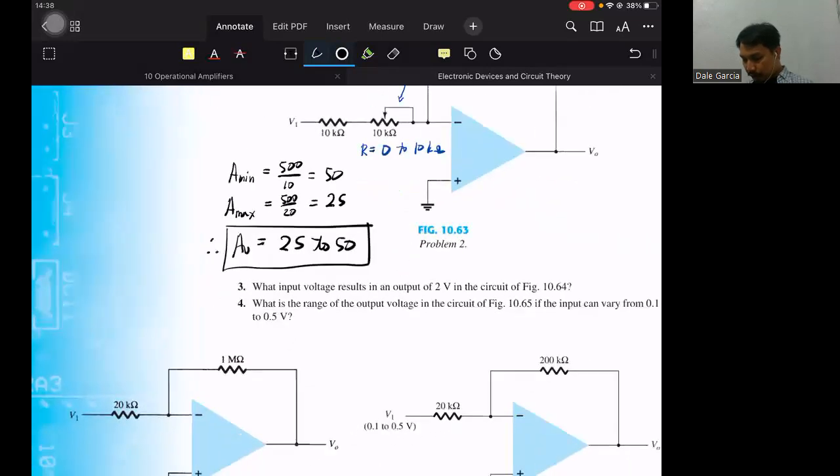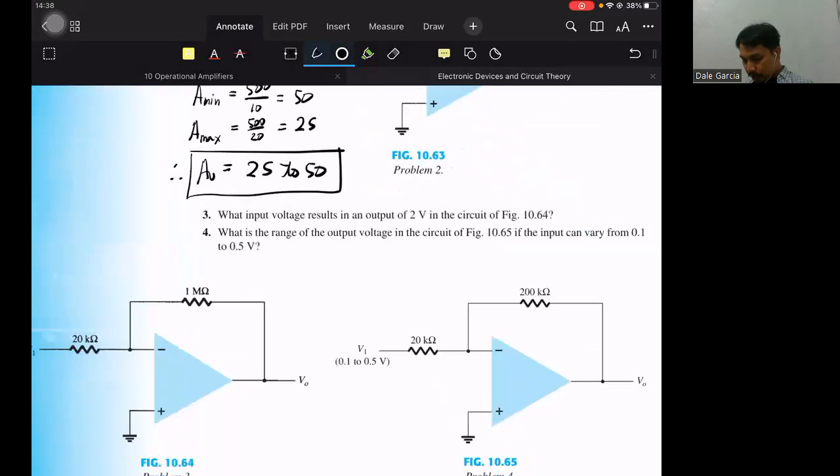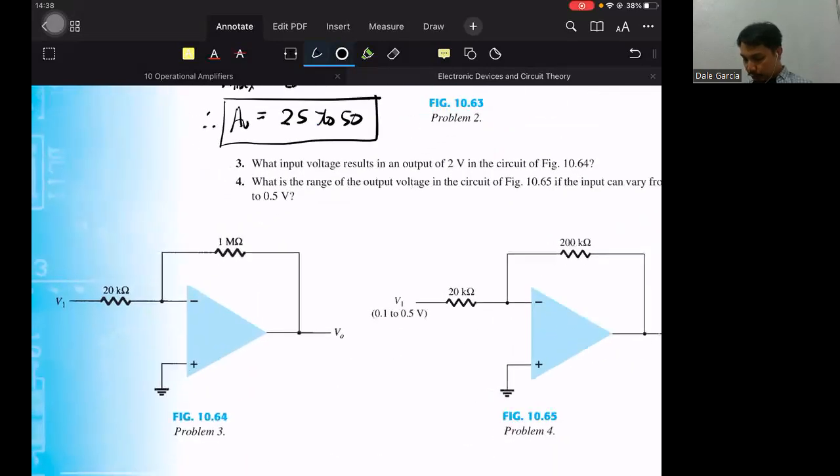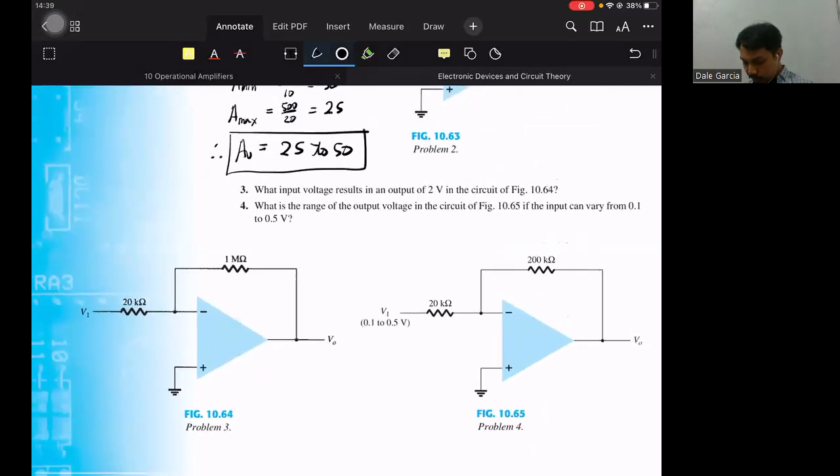Question number 3. What input voltage results in an output of 2 volts? So what if VO is 2 volts? We need the input.